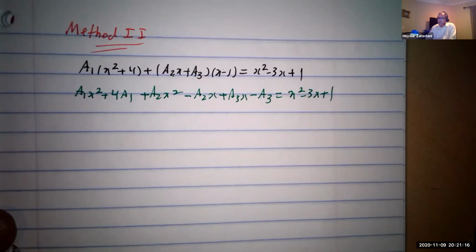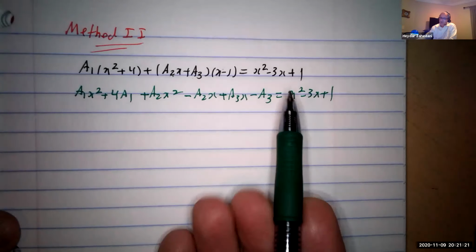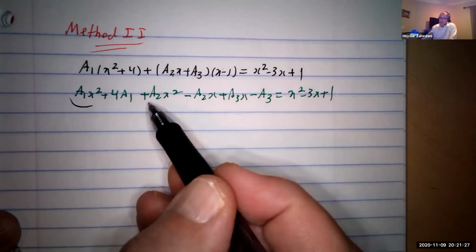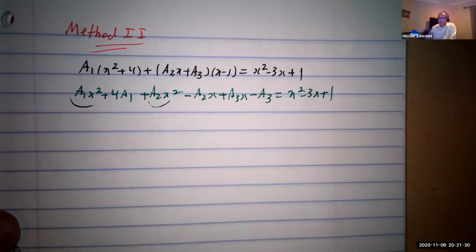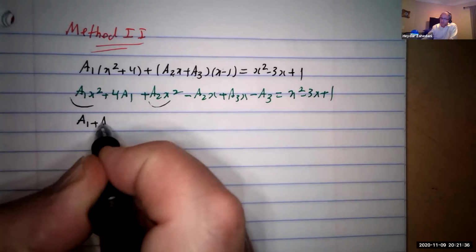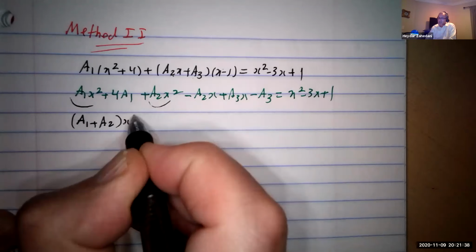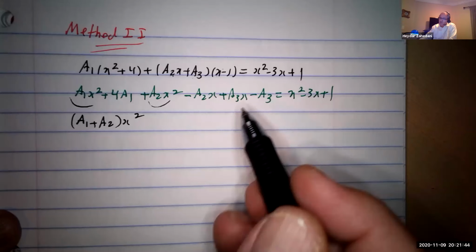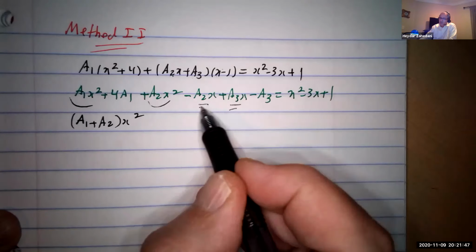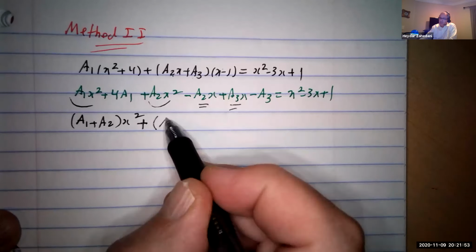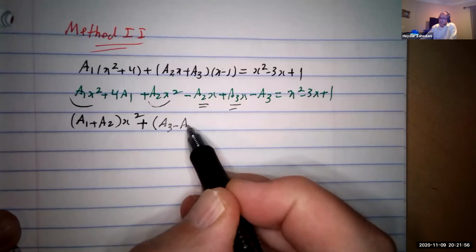Now put them nicely together, organize it as a quadratic. Look at these terms: you have the a1x squared and the a2x squared. So factor out the x squared to get the coefficient. So we get a1 plus a2 times x squared. That's your x squared. Then the x's: you have two x's. The coefficients are going to be a3 minus a2 times x.